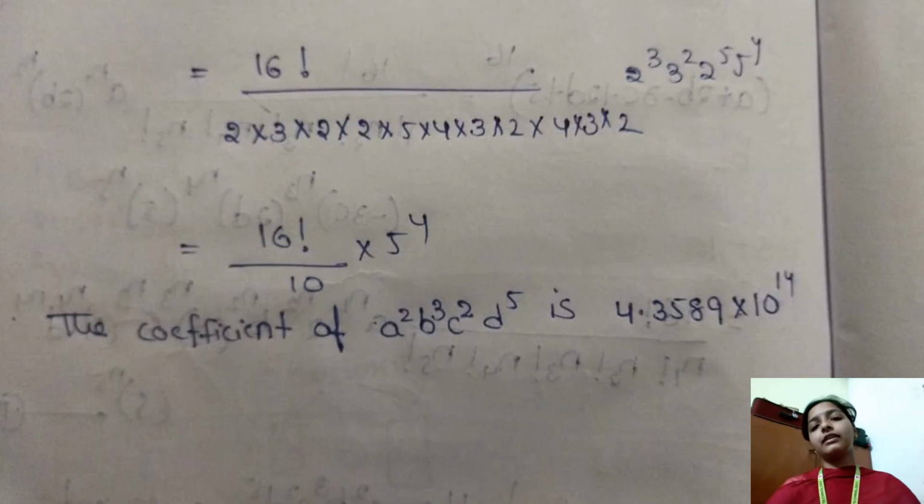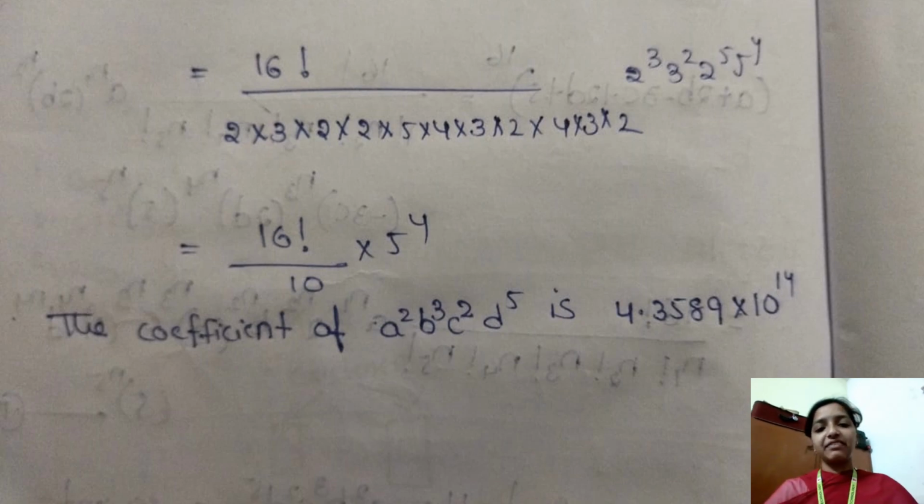We multiply all these factorials and the powers 2 cube, 3 square, 2 power 5, 5 power 4.